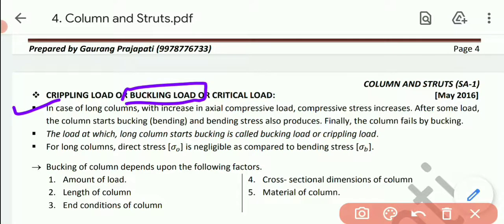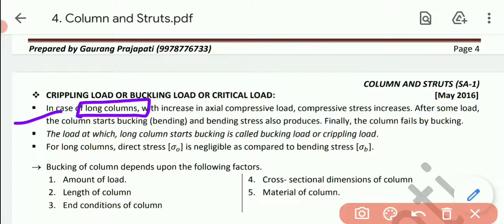Now this one is applicable for the long column. With increase in axial compressive load, compressive stress increases. This is common between the short column and long column, no difference. As load is increased, stress will increase, because stress is directly proportional to the force.